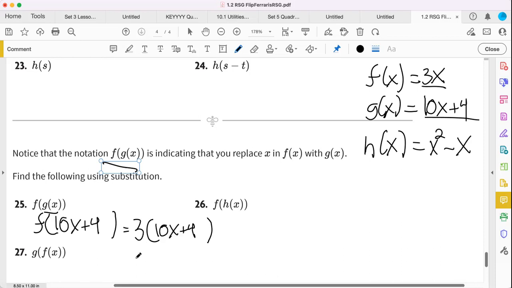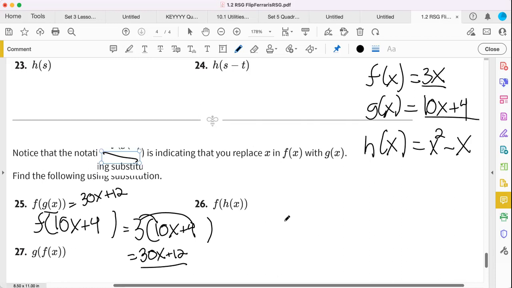And this is something we can take further. We distribute it up. That gets 30x plus 12. So this would be considered f of g of x. 30x plus 12. Notice how our answer is not just a normal number because these functions have more to it.